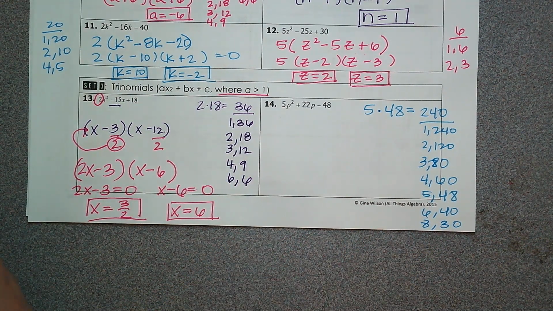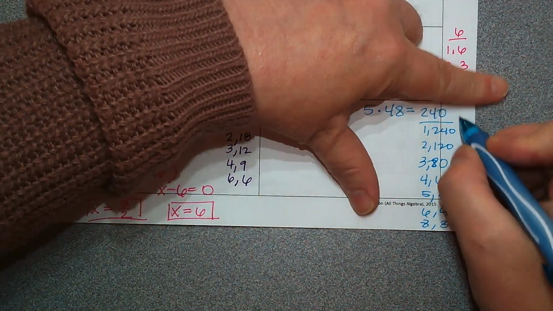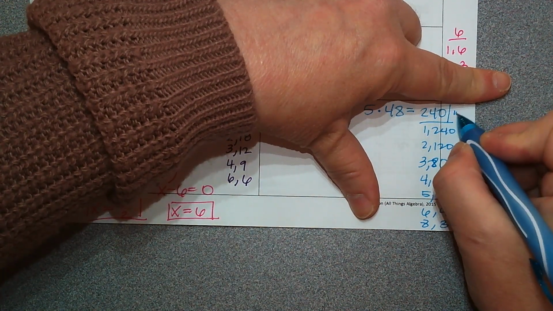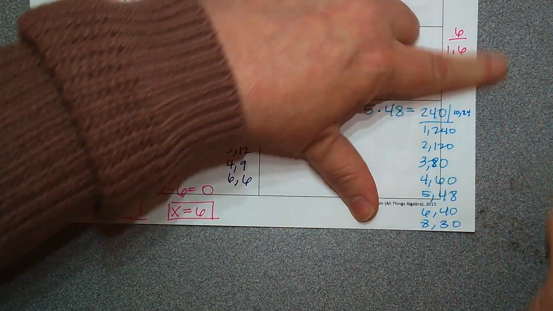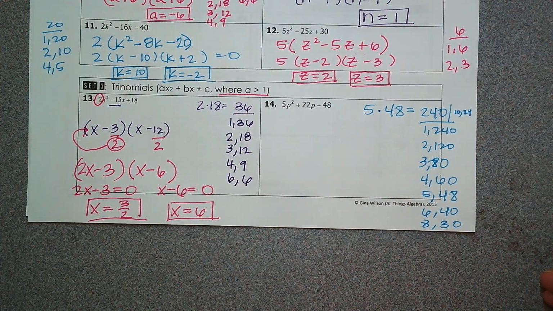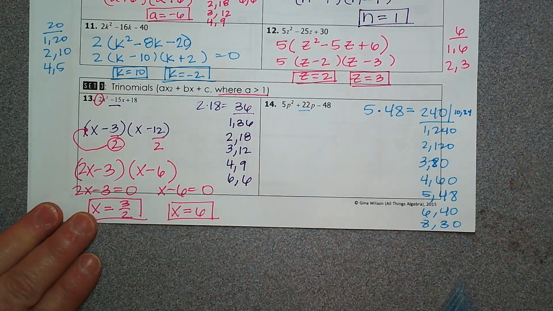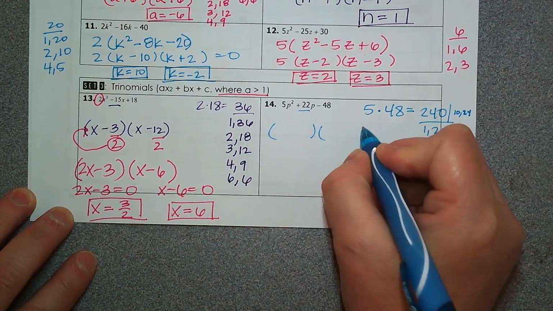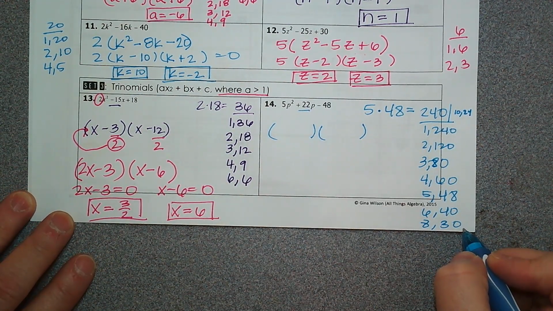Are there any more? 10 and 24. But I think we have the answer now. Which two can I add or subtract to get 22? Positive 30, negative 8.